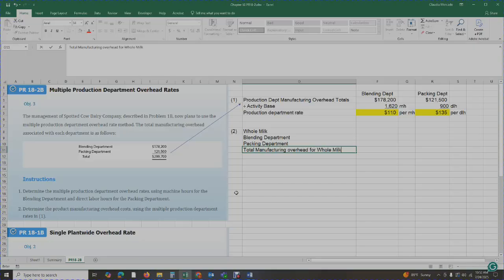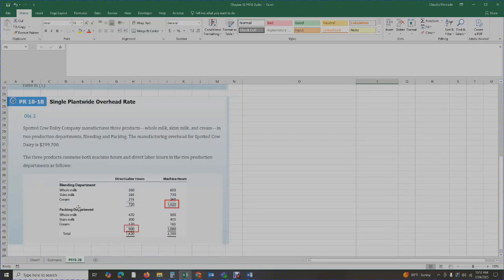For the blending department and whole milk, we've got 650 machine hours.